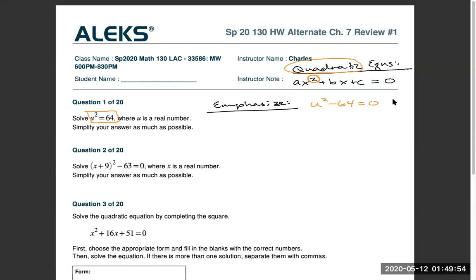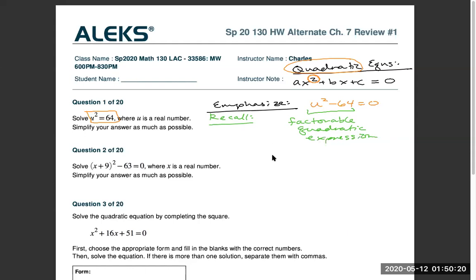Now, just something I want you to recall before we actually get into the solving of this problem. Recall, this is actually a factorable quadratic expression. So make sure you review how to do that.